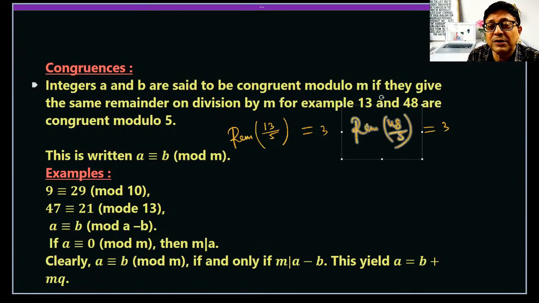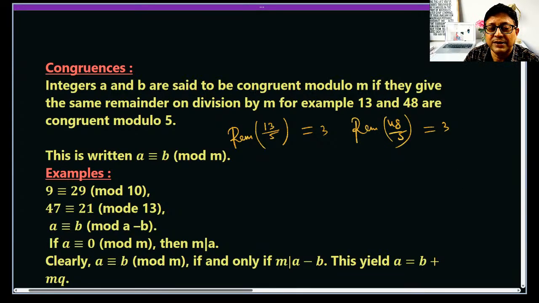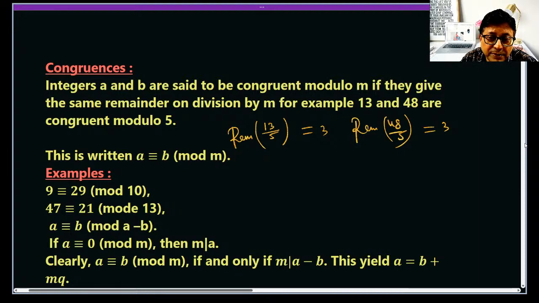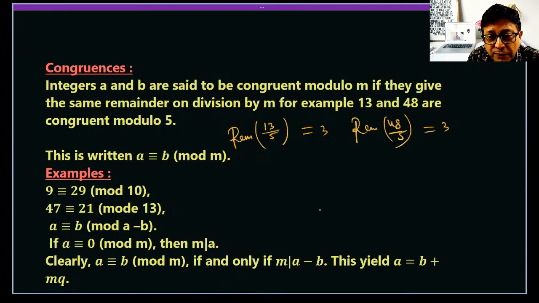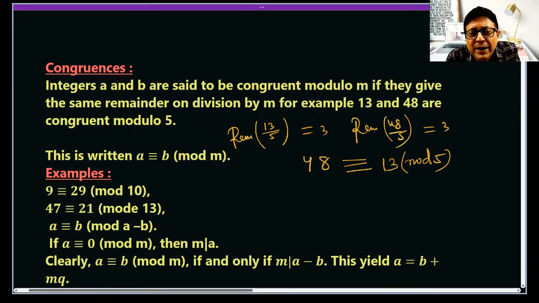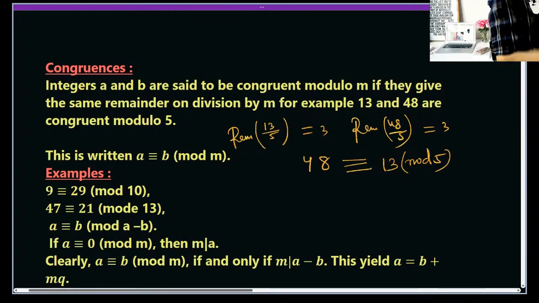So these two numbers, 13 and 48, when they are divided by 5, leave the same remainder. We can write that 48 is congruent with 13 mod 5.